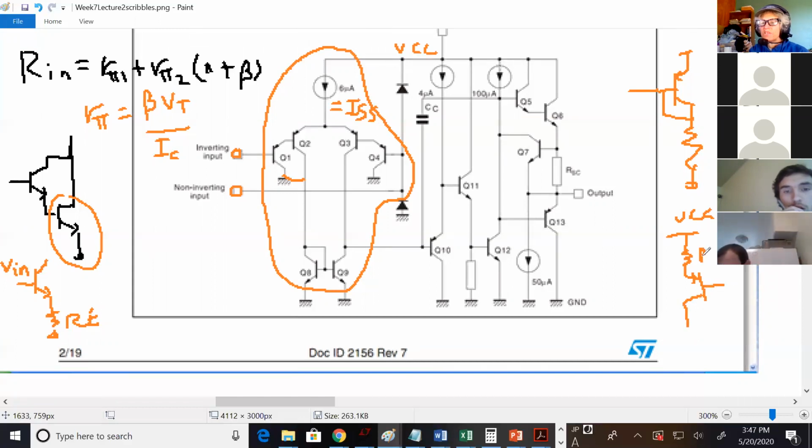And you would adjust the current using your R. This right here would go to here, and this current would be this current. So just by picking different resistors, you can use one biasing circuit and use that bias voltage for multiple different current mirrors.